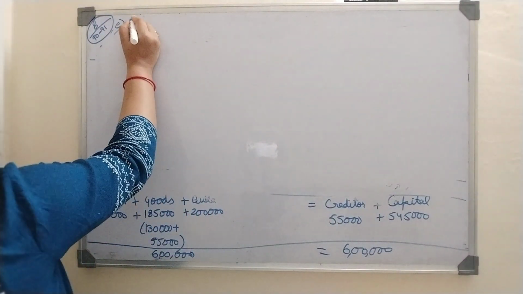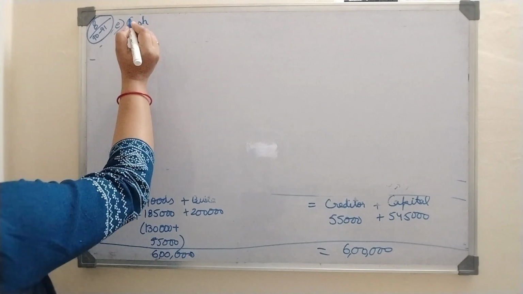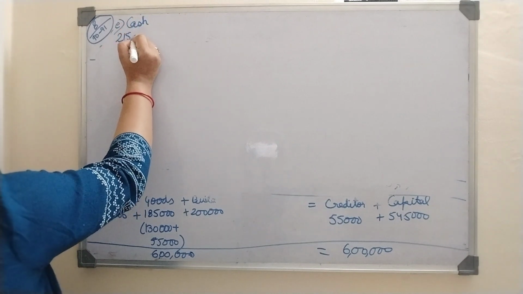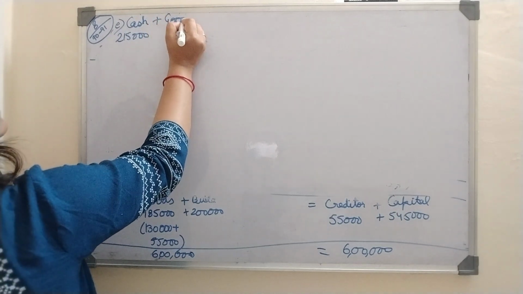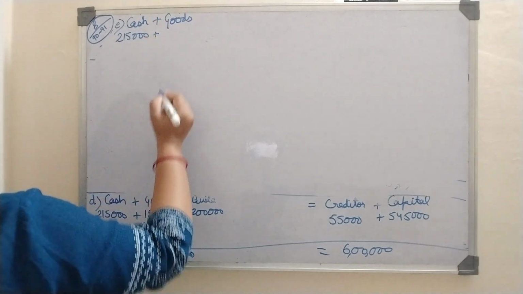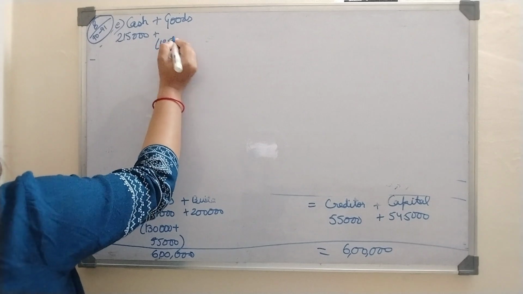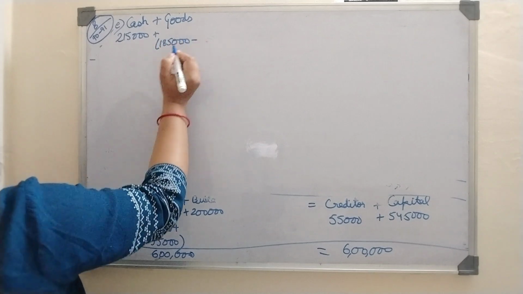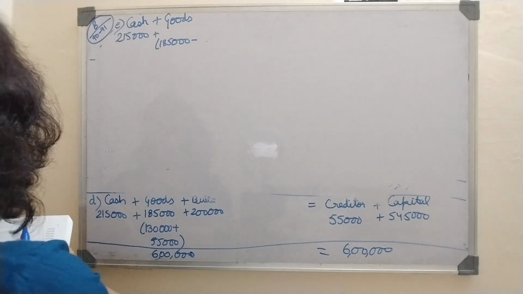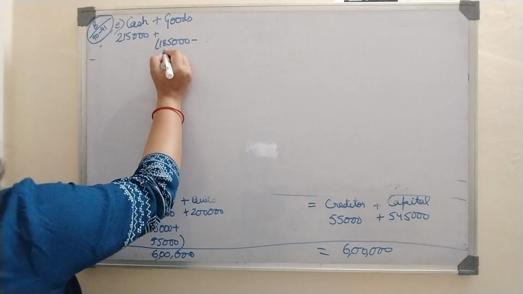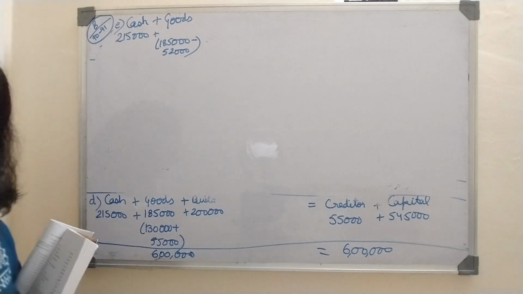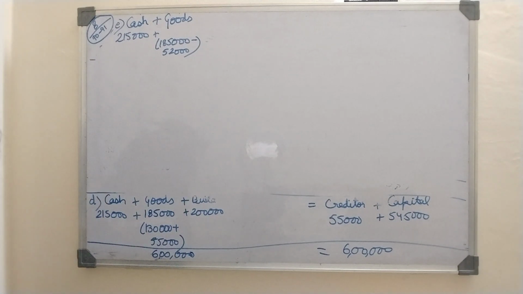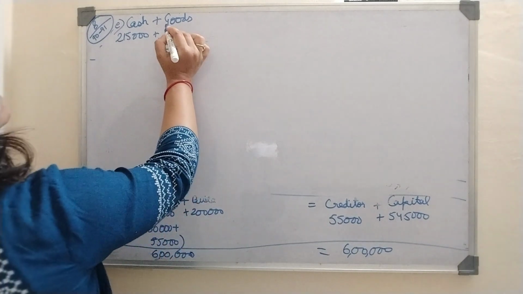Now he sold goods to Varun. So goods are sold. No cash is involved because we have not received any cash. Goods are sold. So 1,85,000 minus 52,000 is 1,33,000.